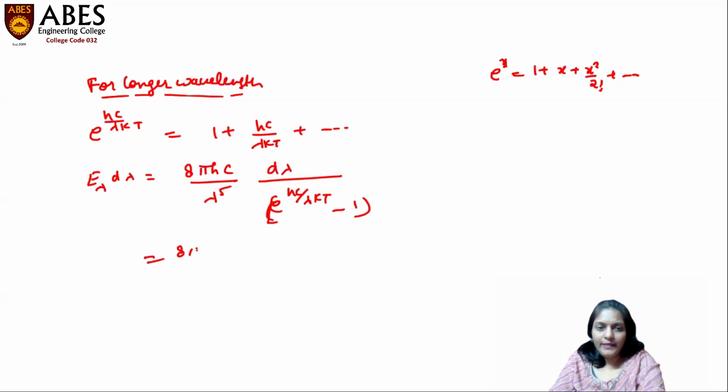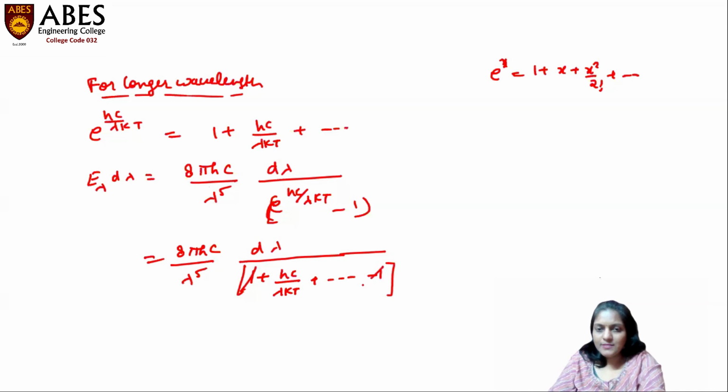It becomes 8 pi hc upon lambda to the power 5 d lambda upon hc by lambda kT plus 1 minus 1, and the higher terms are neglected.